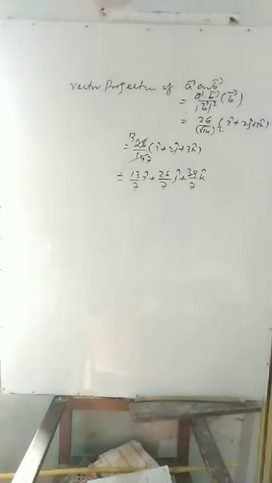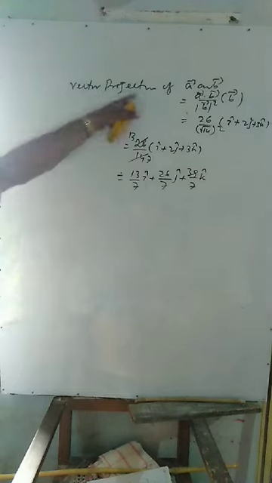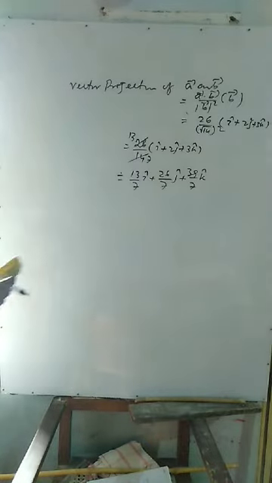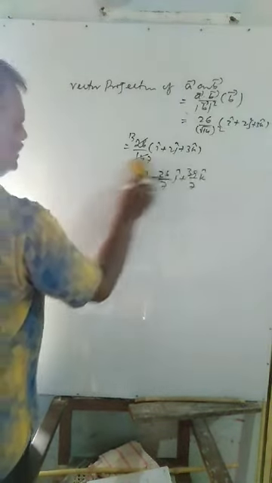This is the vector projection of A on B. In a vector projection, you will get a vector quantity, but in case of scalar projection, you will get a scalar quantity. Now we will discuss more about this.